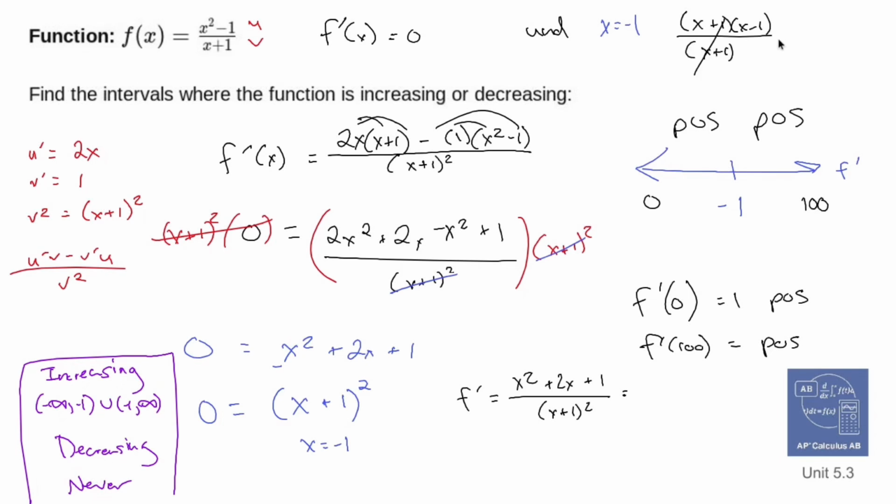That'll cross out, and so your slant asymptote is going to be y equals x minus 1. So you're going to have a picture with the slant asymptote that looks like this, right? And you're going to have something that looks like that and something that looks like that, which means at no point will it ever be decreasing. So you got a little bonus stuff there, but yeah, that's how you do that problem. Kind of weird, kind of fun.